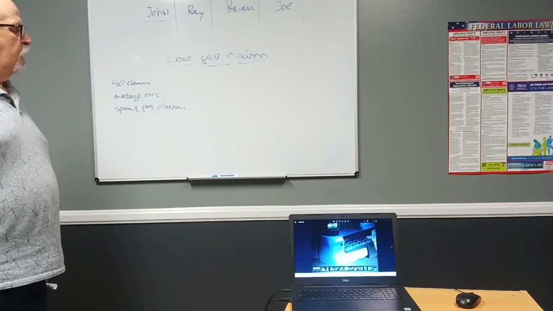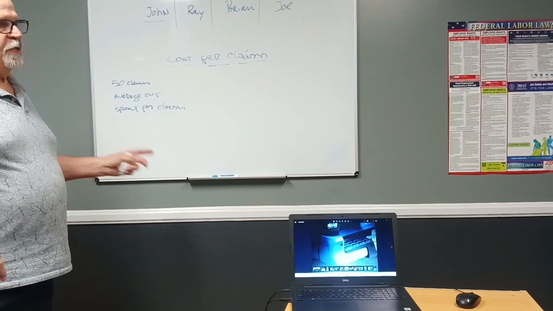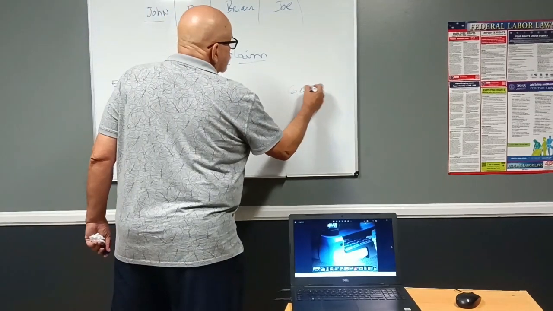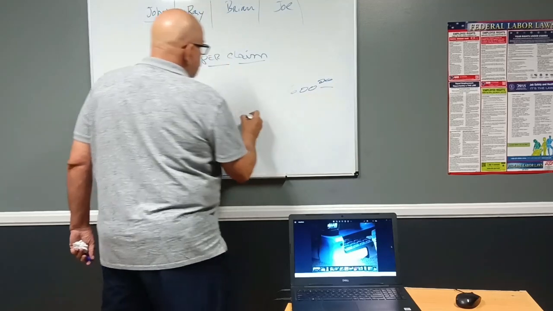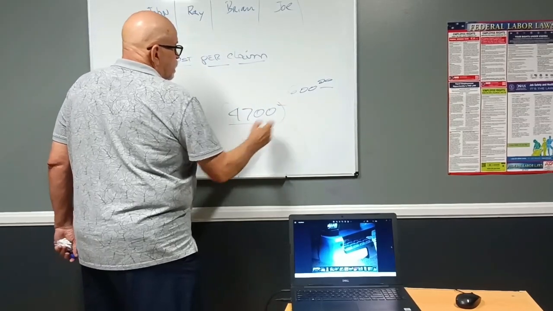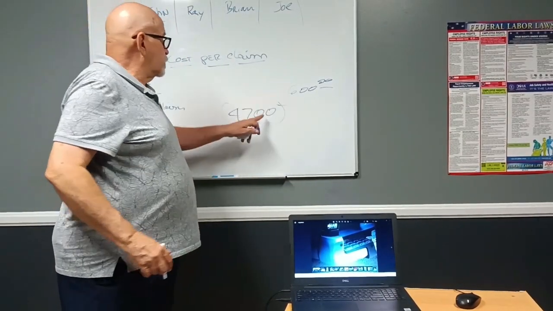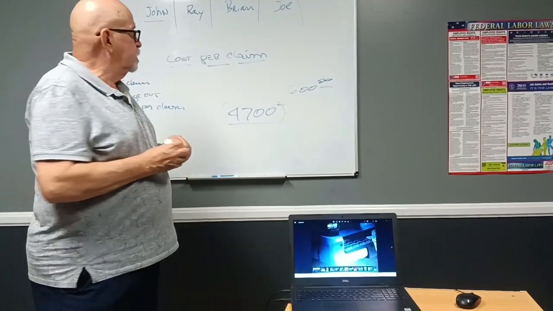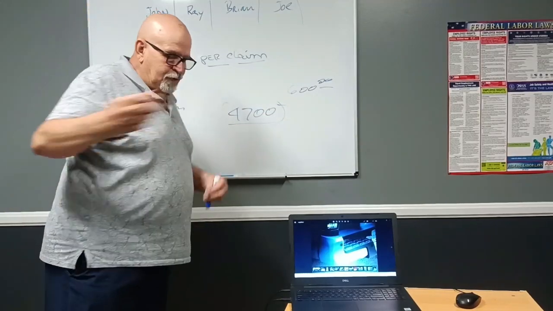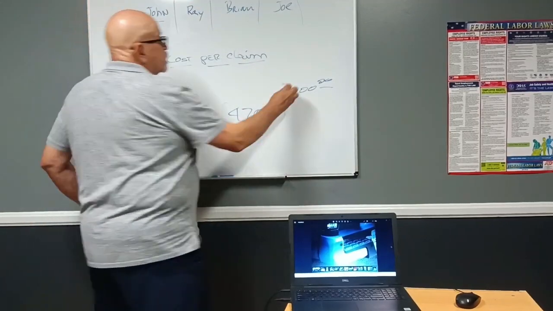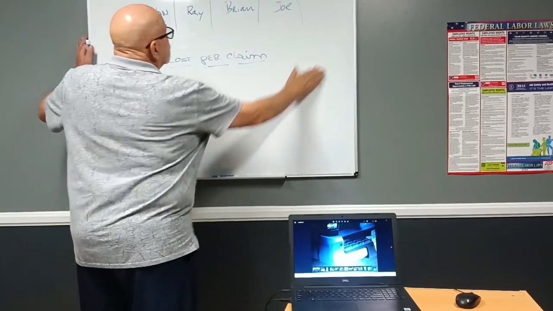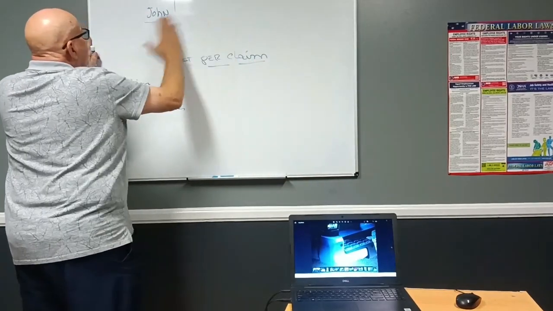All of a sudden, this didn't pass inspection, that didn't pass inspection, and now I need another $600 to finish the job. They already spent $4,700 for the whole job, so this $600 is going to throw it over the top. It's going to be a total loss. Well, an adjuster doesn't want that. You get too many of those, here's your walking papers. Because the insurance company makes money from the total losses. I just wanted to put that in there.